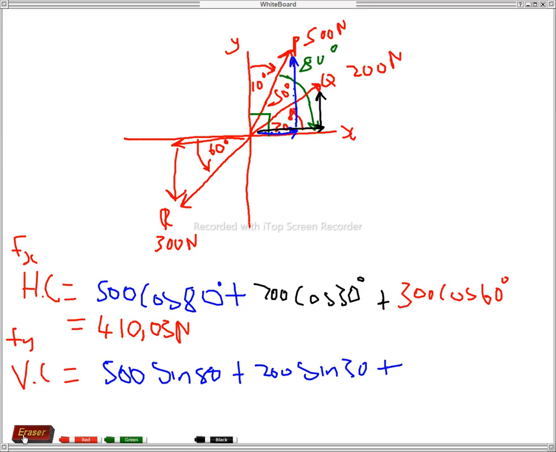Here is going to be 200, the sine of 30, you remember this is for the vertical components, right? And therefore on this one it is going to be 300 the sine of 60.